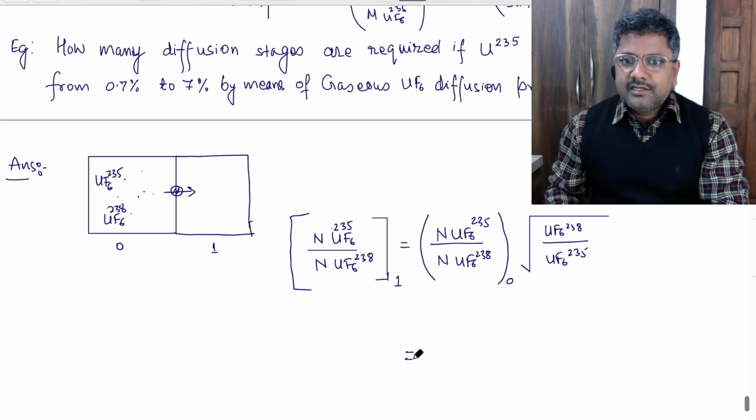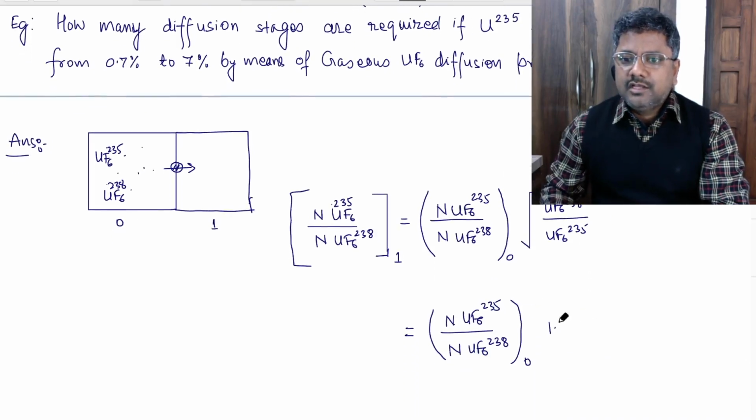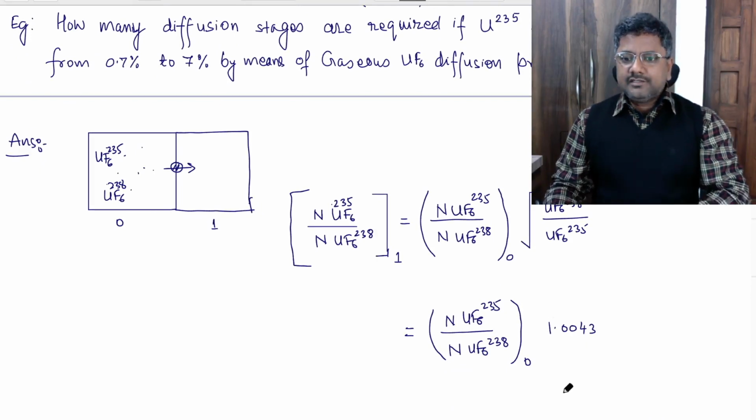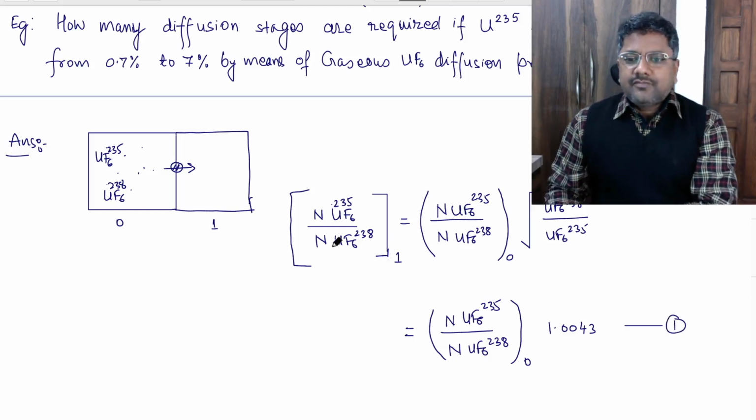So we can write here n UF6 235 by n UF6 238 at 0 into 1.0043, right? So this is equation 1. So this is after the first stage.